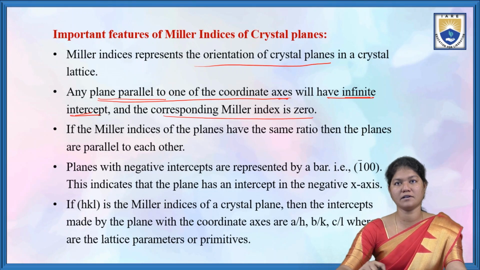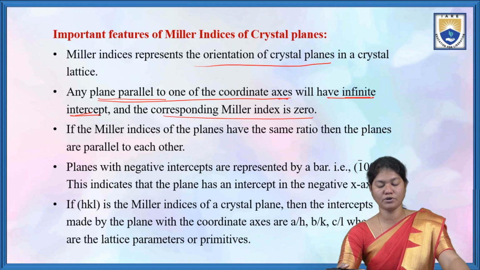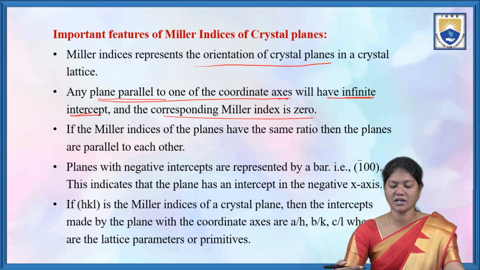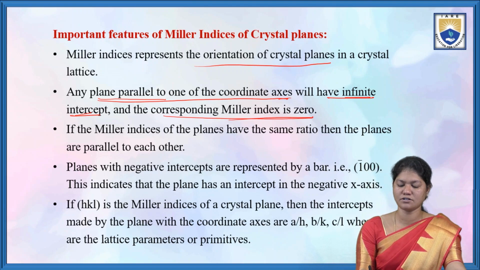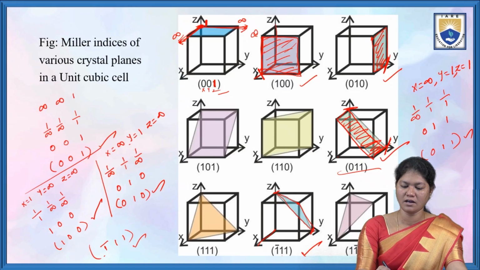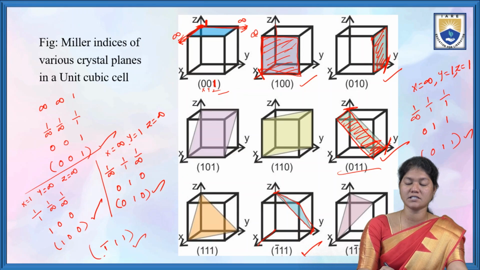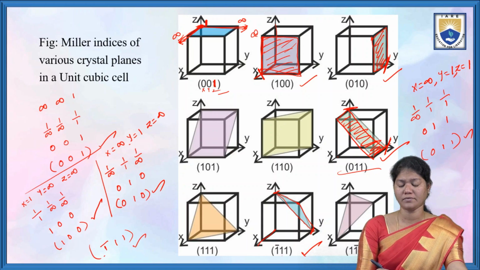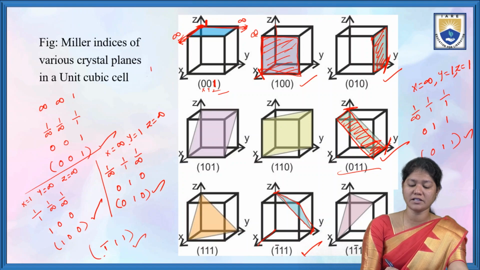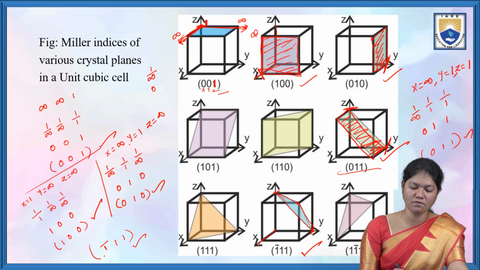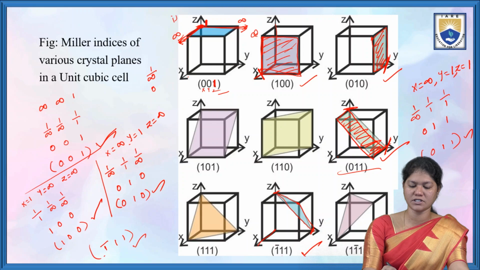So when doing the steps of Miller indices, as the intercept on the x-axis is infinity, we take the reciprocal, so 1 by infinity becomes 0. So the Miller index becomes 0, and we are getting 0 0 1 here. This is for the first diagram.